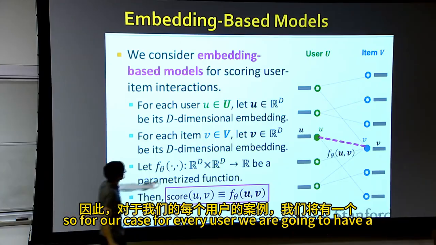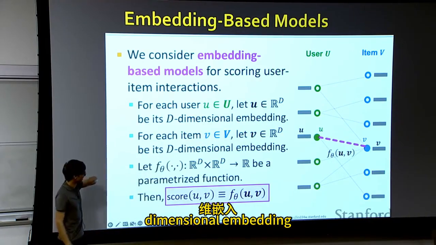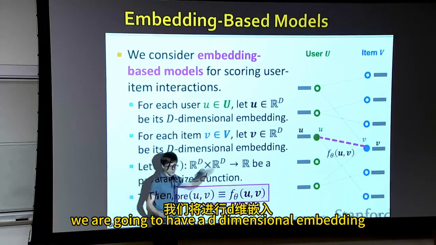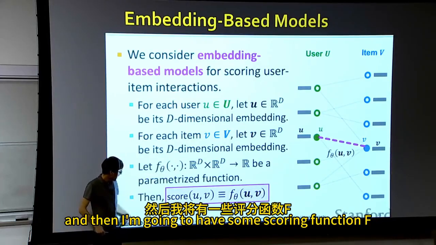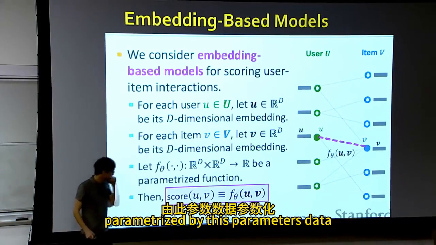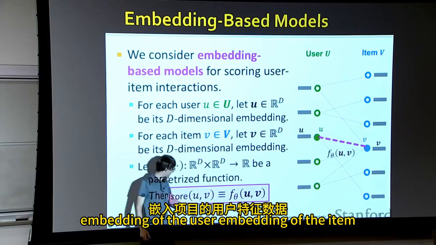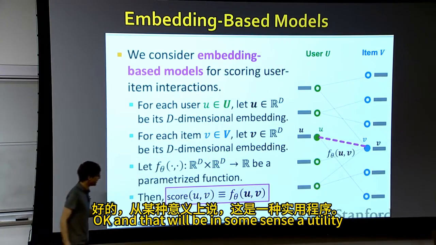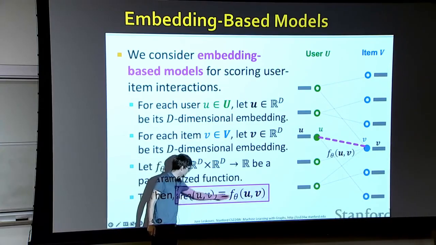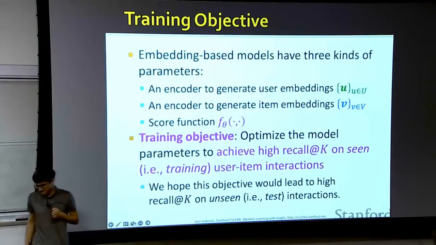So for every user, we are going to have a d-dimensional embedding, and for every item, we are going to have a d-dimensional embedding. And then I'm going to have some scoring function f, parameterized by parameters theta, that takes the embedding of the user and the embedding of the item and returns a score, okay? And that will be, in some sense, the utility of a user with respect to a given item.